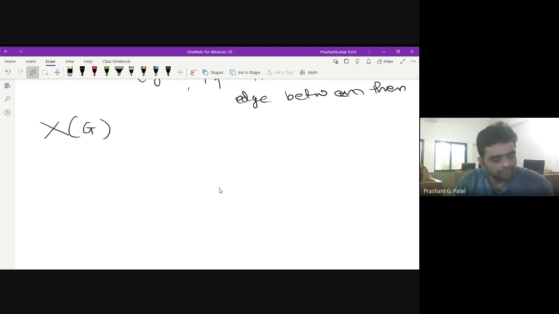For example, let's write the adjacency matrix of some graph. Suppose this is the graph you have.